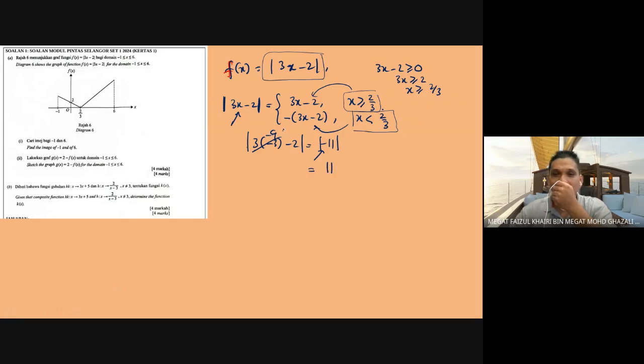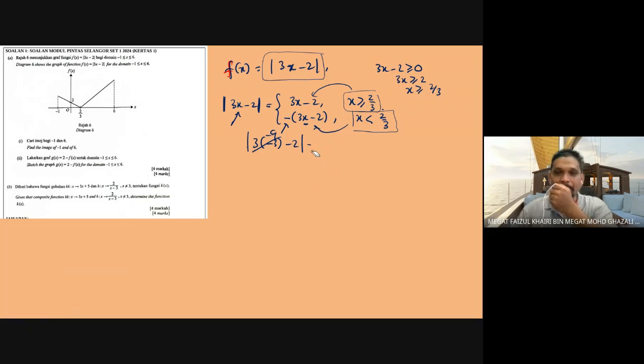So that's why we have this negative sign, because we substitute x and then the whole function inside is negative. So we have negative times negative become positive. And the domain is x less than 2 over 3.